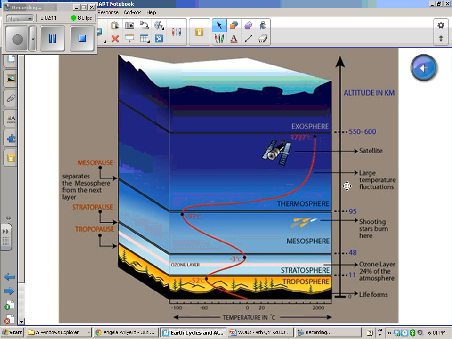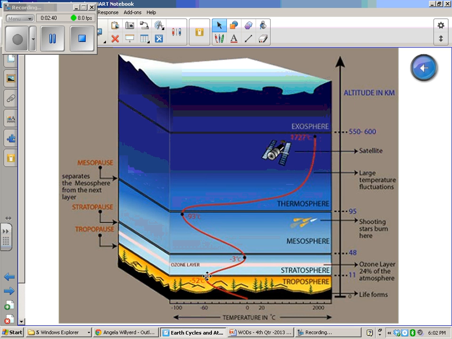But how they're really organized in terms of where one layer begins and where one layer ends is the temperature, and you can see that on your x-axis. So if you take a look at the troposphere, which is where the weather occurs and where we live, you can see it's starting off here on this chart at 0 degrees Celsius, and we can see that as the altitude increases, the temperature decreases.